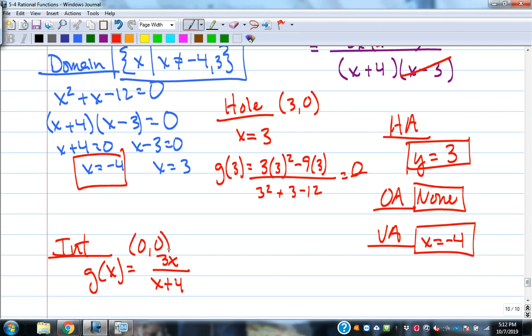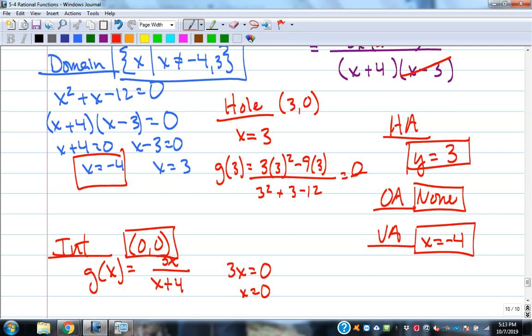That's going to be 0, 0. Automatic. And then x-intercept. Just set the numerator equal to 0. Hey, there's only one. Because that's going to be x equals 0. And we know y is equal to 0. So the only intercept I have for this thing is the origin. It's 0, 0. It just happens to be the same ordered pair for both of them. That worked out really nice.